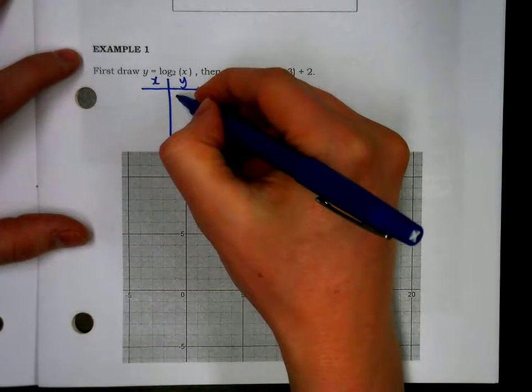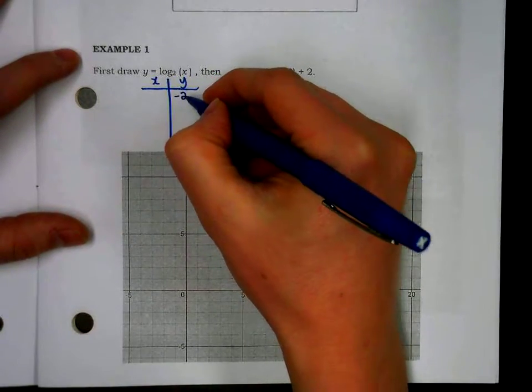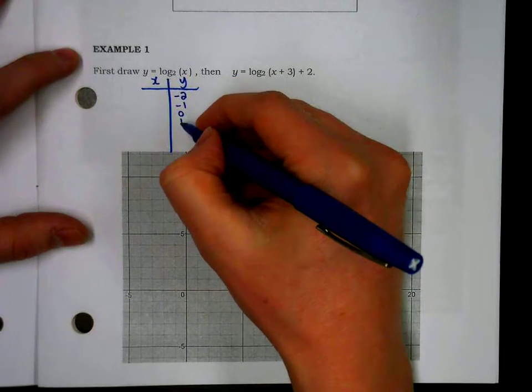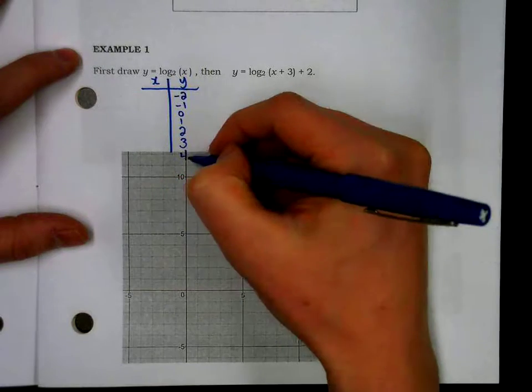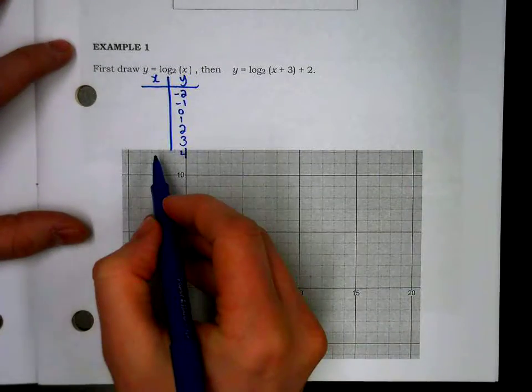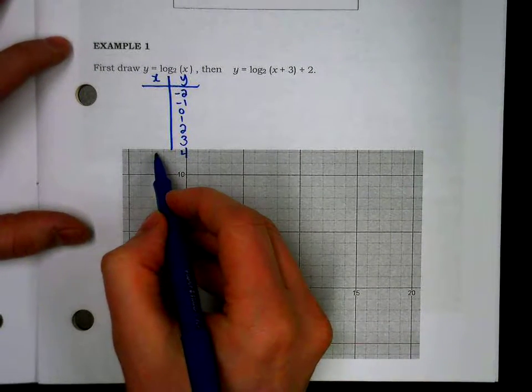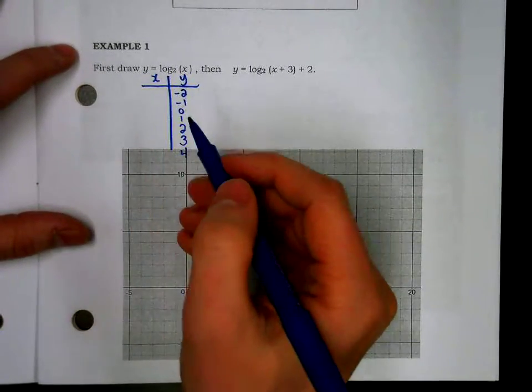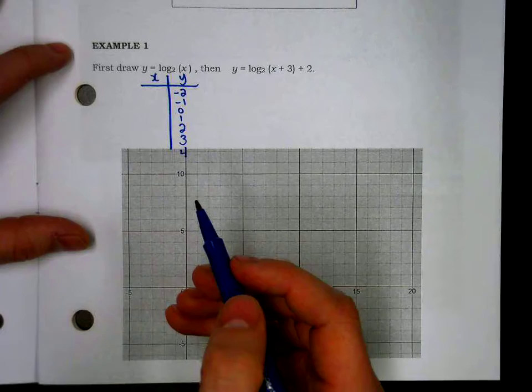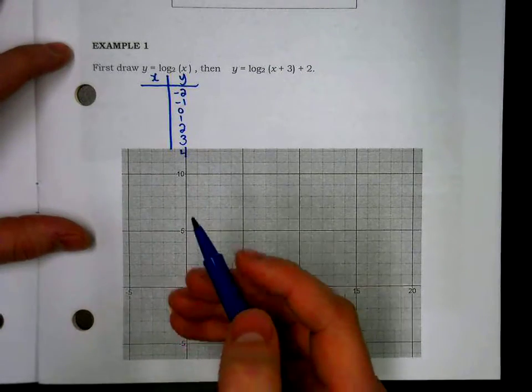So I could simply say, let's plug in a -2, -1, 0, 1, 2, 3 into an exponential function. Let's see what comes out. So you can see I'm pretending that the x and y are switched and I'm doing an exponential function, but really we're producing the chart for a logarithmic function.